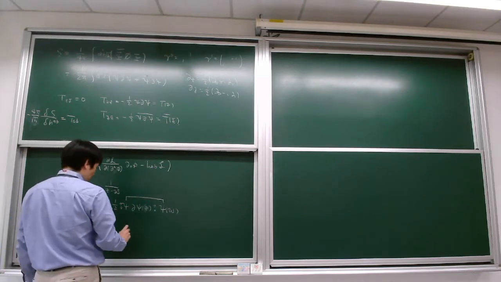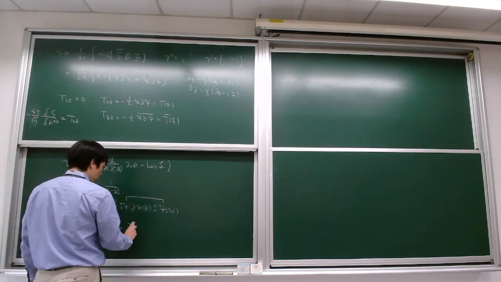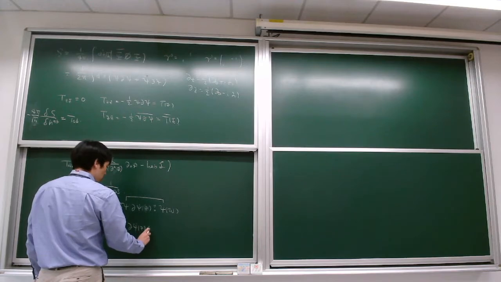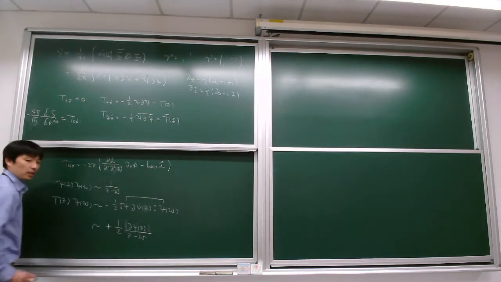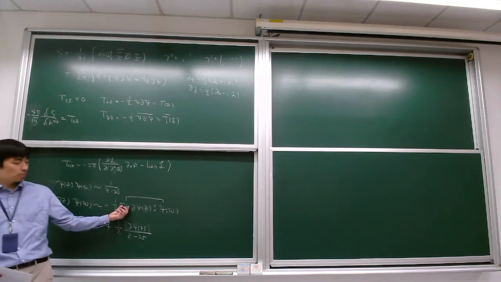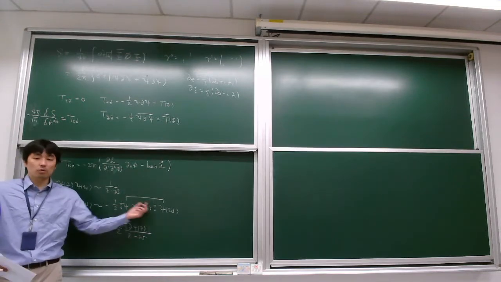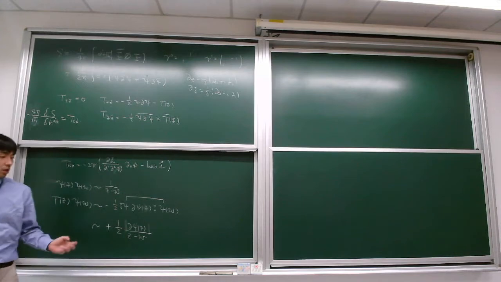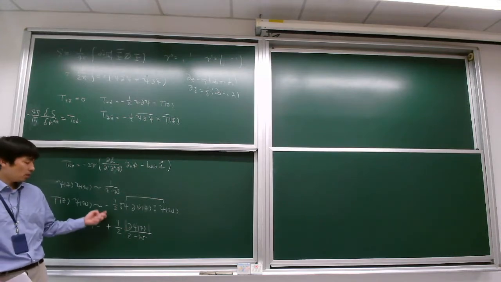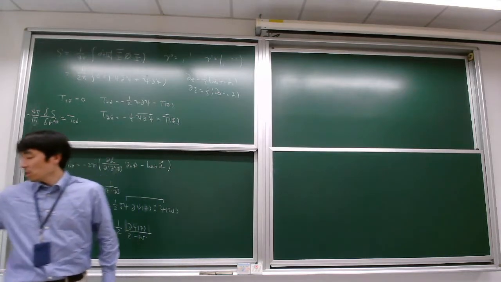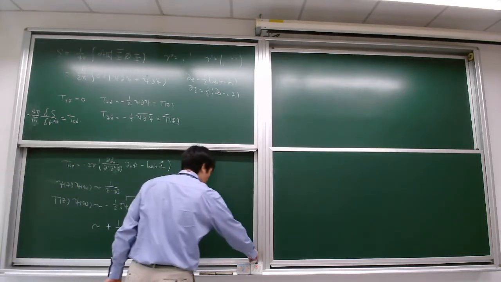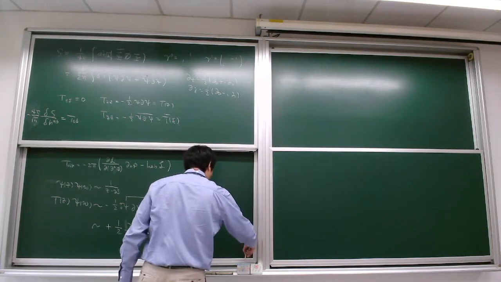So therefore, what you get is 1 over z minus w, but with a plus sign. Since you bring psi into here when you take the Wick contraction, you get minus times minus, plus.